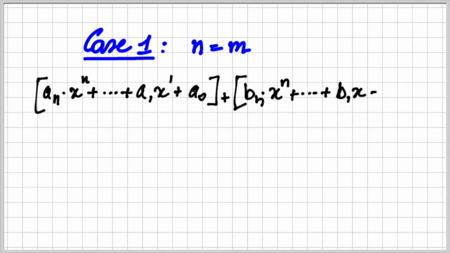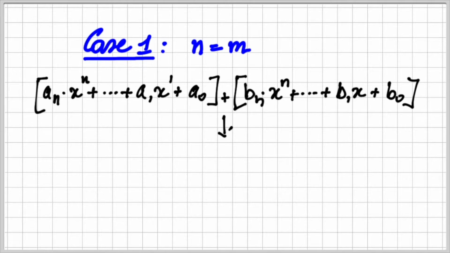So the second polynomial is b index n multiplied with x to the power n and so on until we reach b0. Now we see that the two variables x in these two polynomials have the same highest order. So x to the n and x to the n.